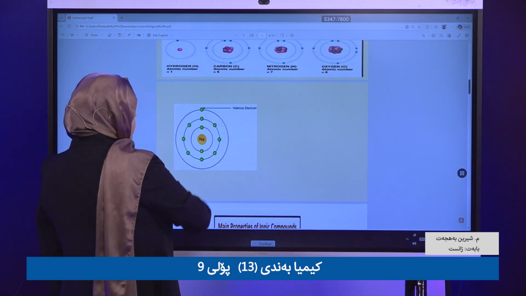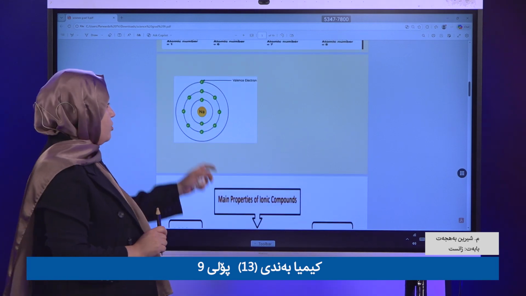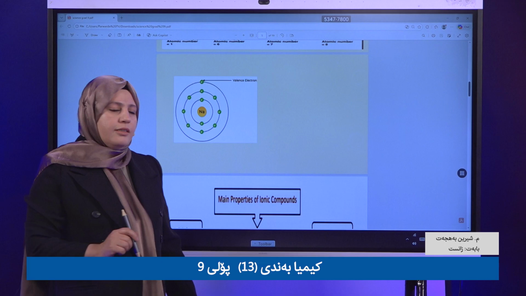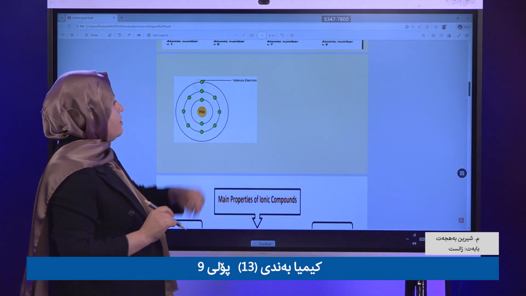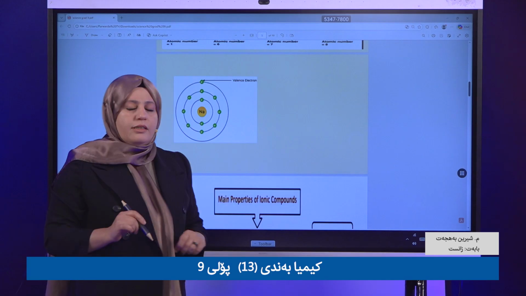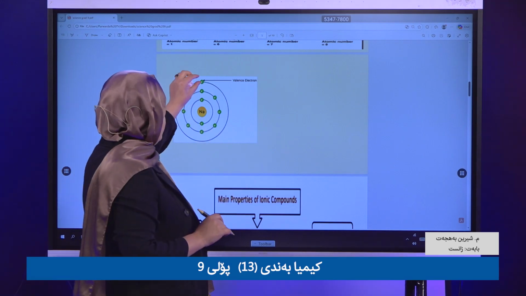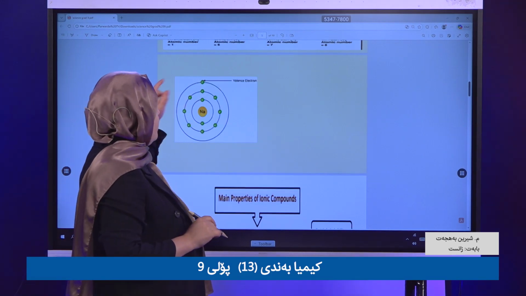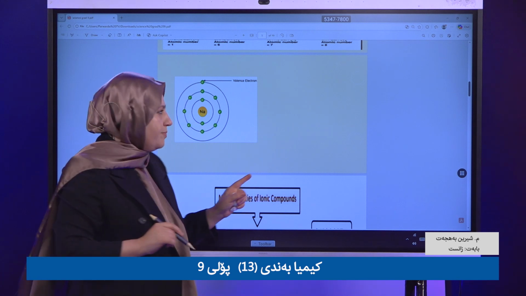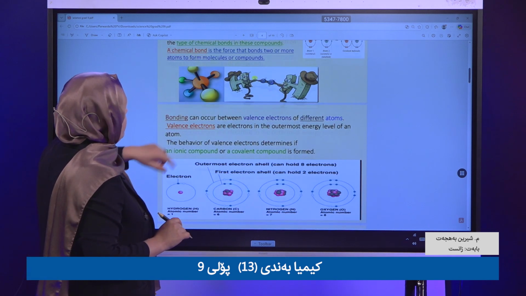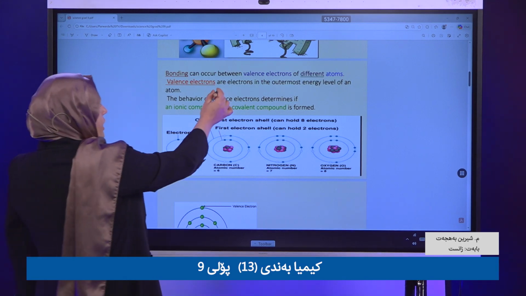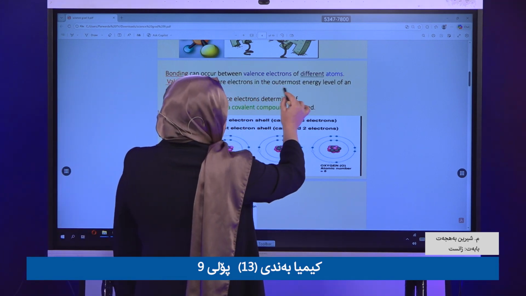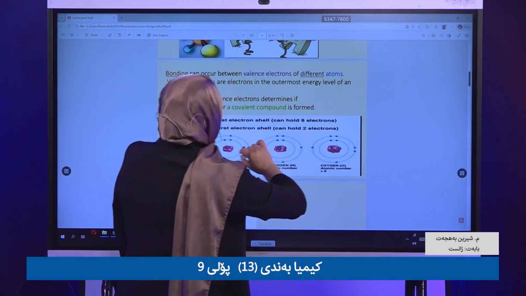We have Na. What is Na? Sodium. How many valence electrons does it have? Only one. How do we know it is a valence electron? Because we look at the last level of the atom. Valence electrons are in the outer level of an atom.